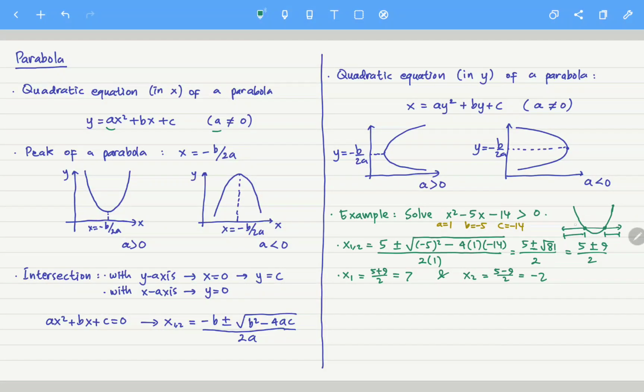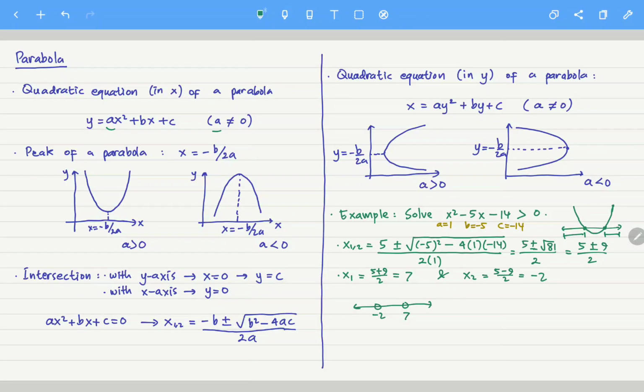So you can see the graph if you want, or we can use what we have learned in the first or the second meeting. So we have -2 and 7. We use an open circle here because we don't have equal in the inequality.